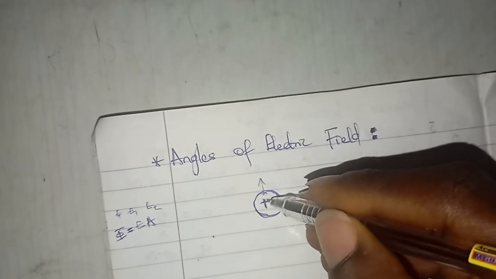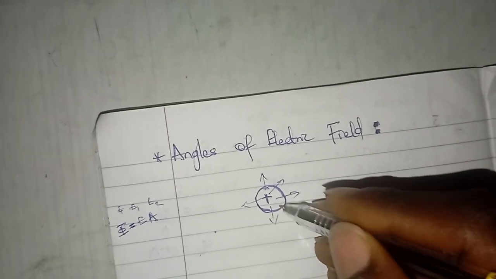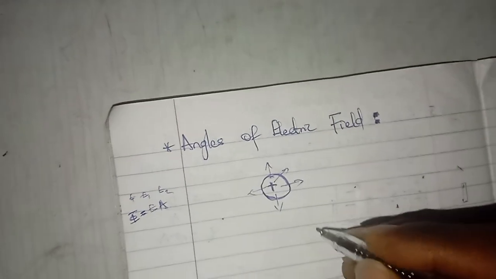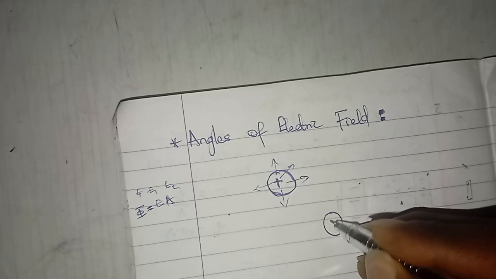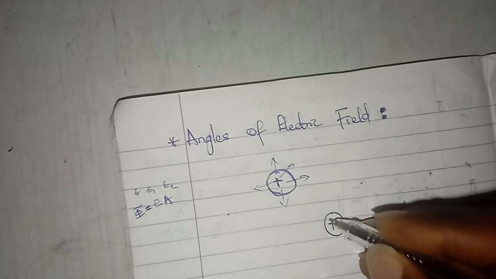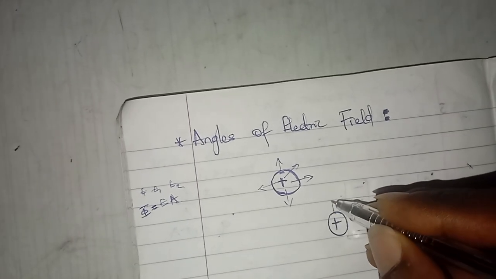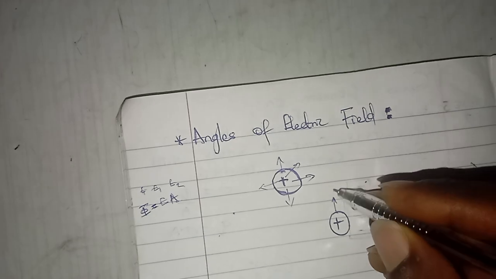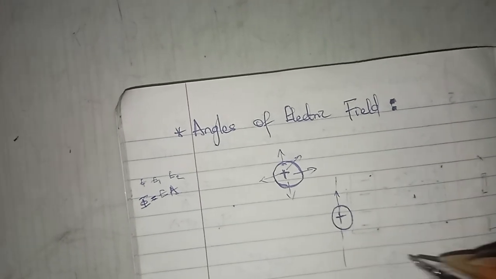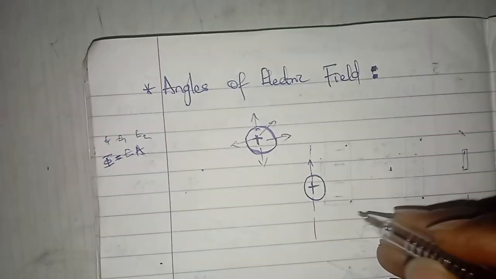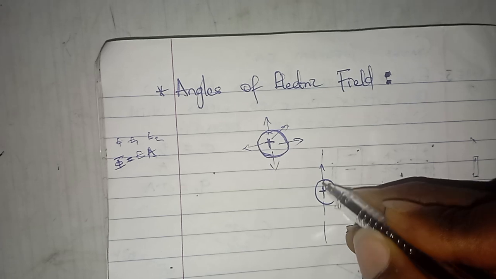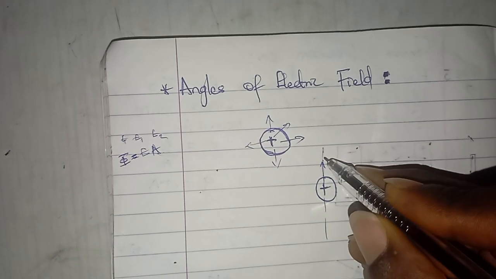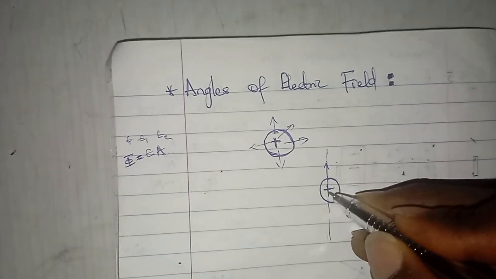There are cases where it can move this way, this way, whichever way. Now when this point charge is moving outside at this angle, the normal line is always this way. So when it's moving at this angle, we say that it is moving parallel to the normal line.